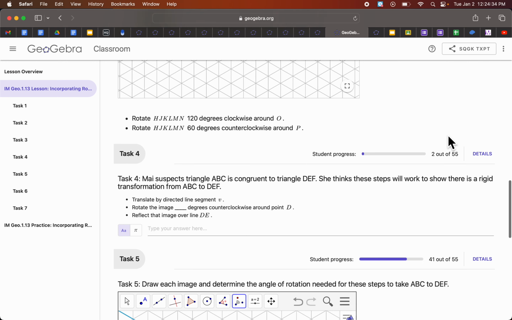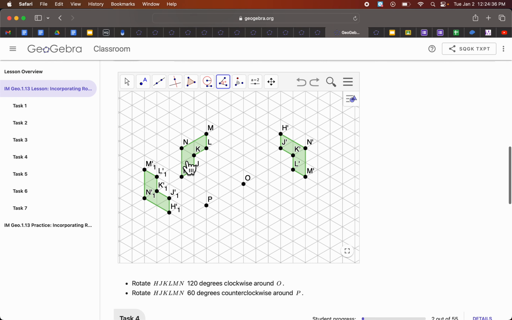Right? So we did that here, right? As long as our pivot point is not touching the object, we can rotate things and cause them to move across the plane, right? Move across this surface, if we have our pivot point or our center of rotation not touching the object.